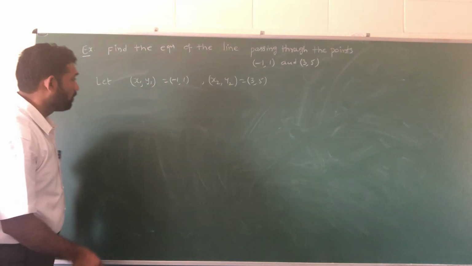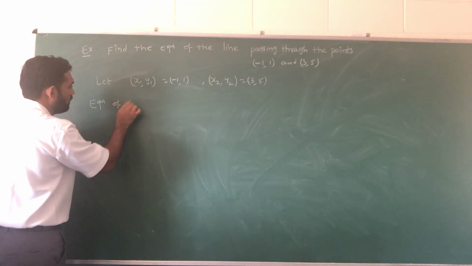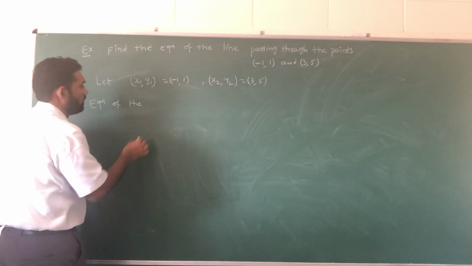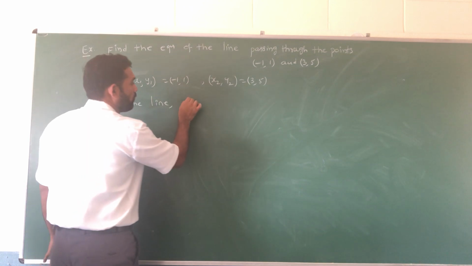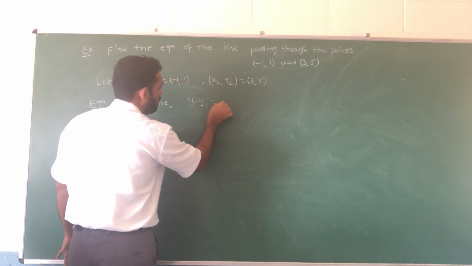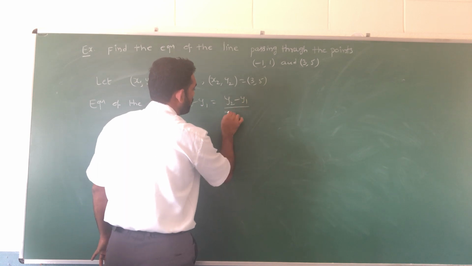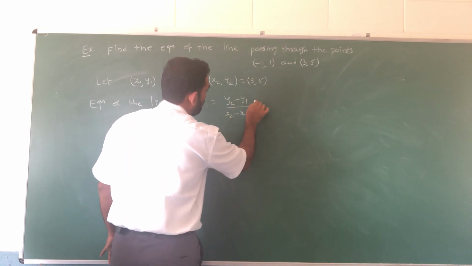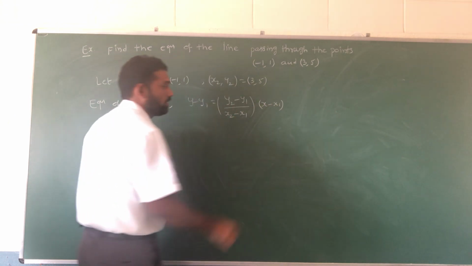Then you write the formula. The equation of the line is y minus y1 equals (y2 minus y1) by (x2 minus x1) into (x minus x1). You apply this formula.